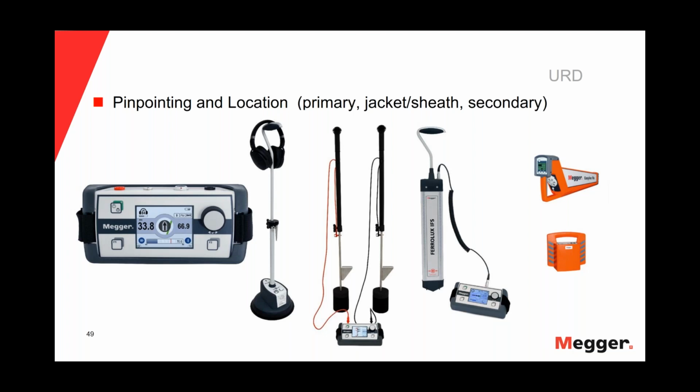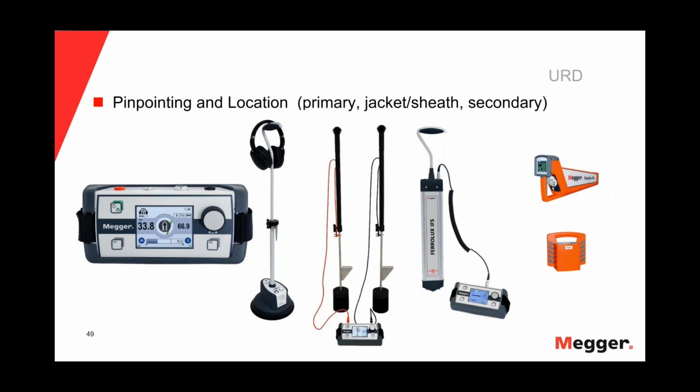You could find a fault in a jacket or sheath of a medium voltage cable, or you could pinpoint a fault on secondary. The ground probes are used when you have, in essence, an unshielded cable. In the case of a jacket or sheath fault, you're basically talking about a fault in the jacket material itself. And secondary obviously is unshielded cable.